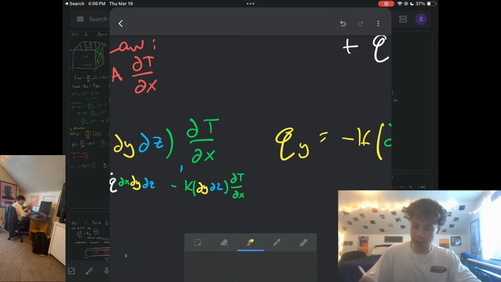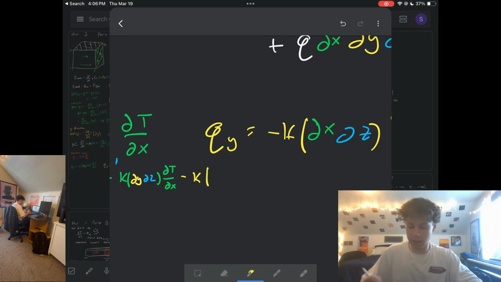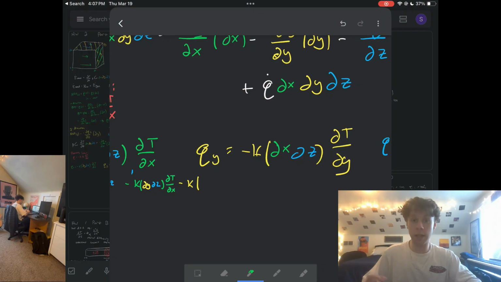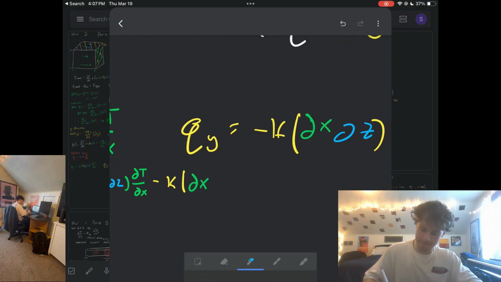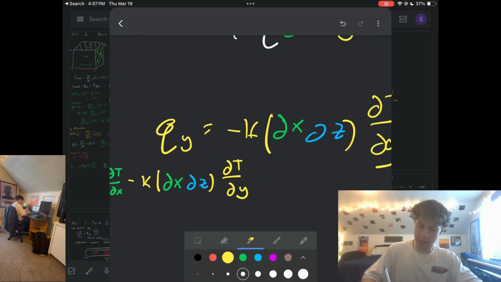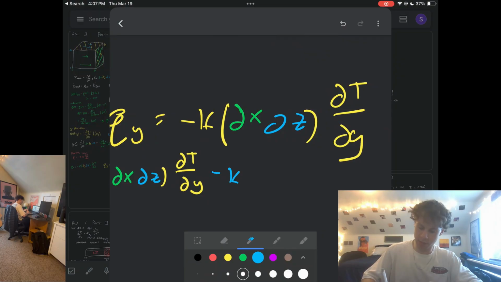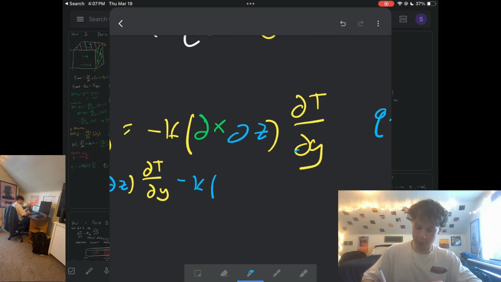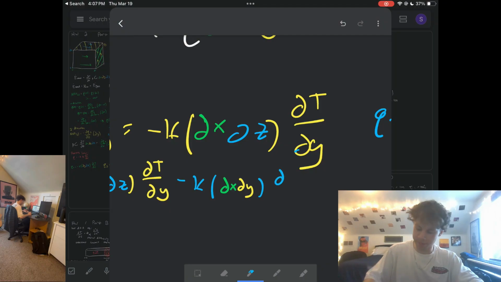So our negative thermal conductivity times the area of our heat flow in the y direction, so that would be dx dz, times our temperature gradient, plus our negative thermal conductivity times area of our z direction, which would be dx dy, times our temperature gradient.